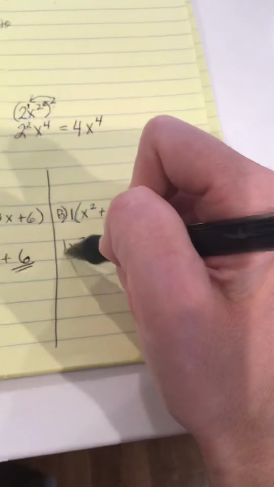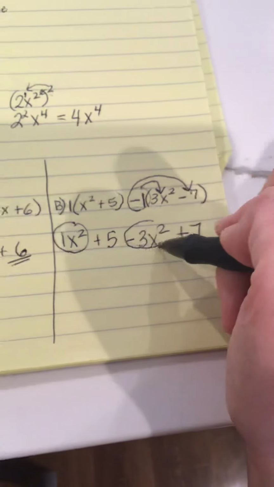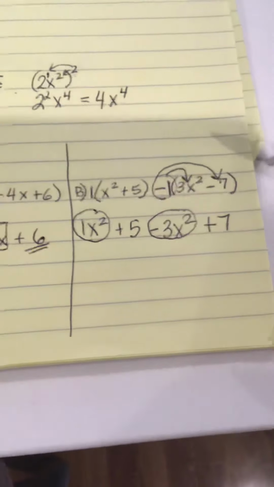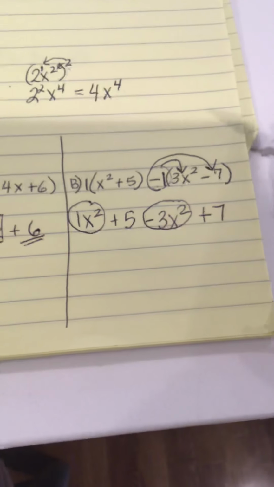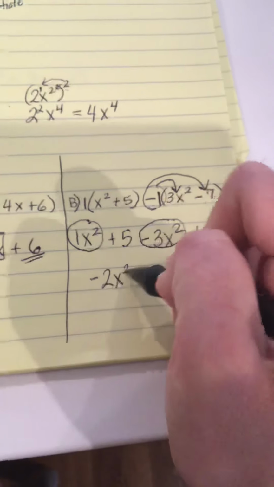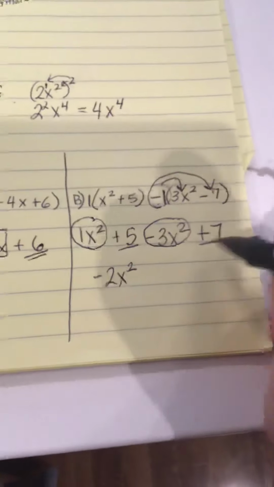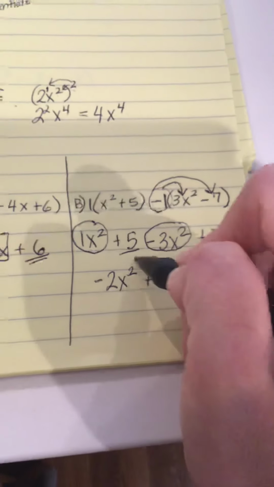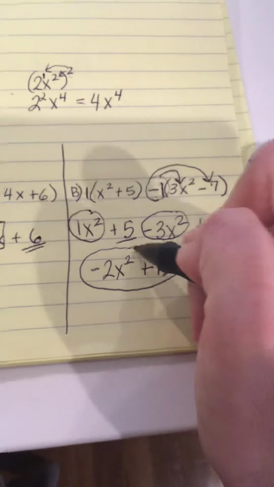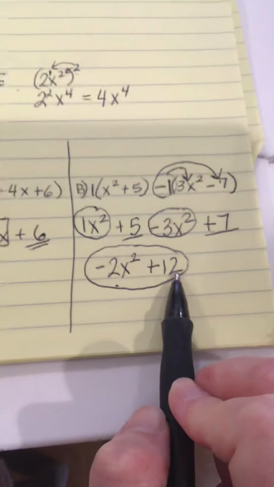So you're going to put a 1 in front of this, and you're going to combine like terms. Okay, pause and do that. Okay, you're back. So that would give you negative 2, nothing when you add, keep it x squared. And then you simply add 5 and 7, and you get 12. You can't add these two because they are different. This has an x squared, this doesn't, so they're different.